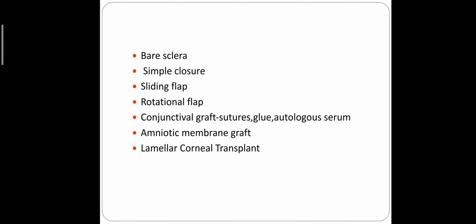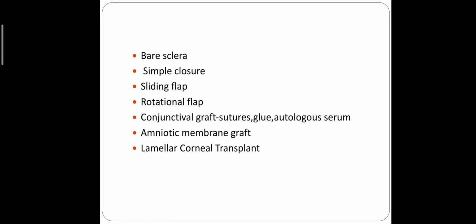Or taking a free conjunctival autograft, which is the most common technique. If it's a nasal pterygium, you can take the graft from the temporal or inferior part. That graft has to be a limbal autograft, and it has to be placed in the area where you have excised the pterygium.